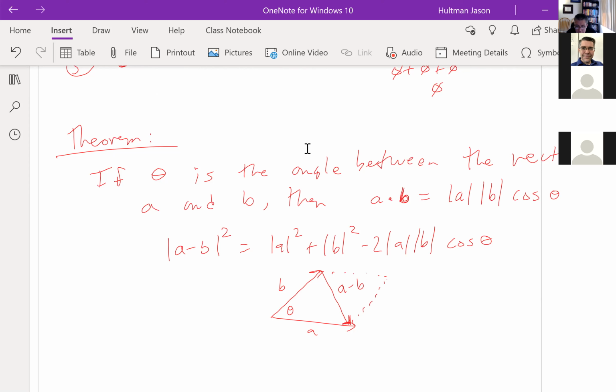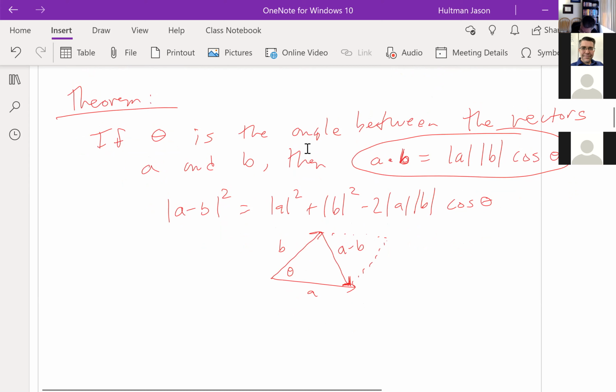So if we use the law of cosines here, we could easily derive this identity. How could we easily derive it?